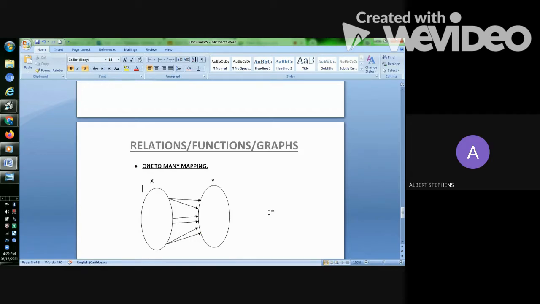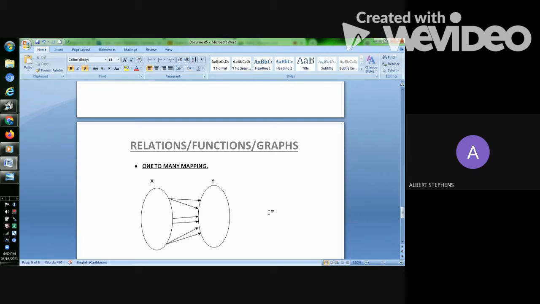What do you know about one to many in terms of domain and range? One domain matches to more than one range. Right. One element is going to what? To two different ranges. All right. Everybody see that?